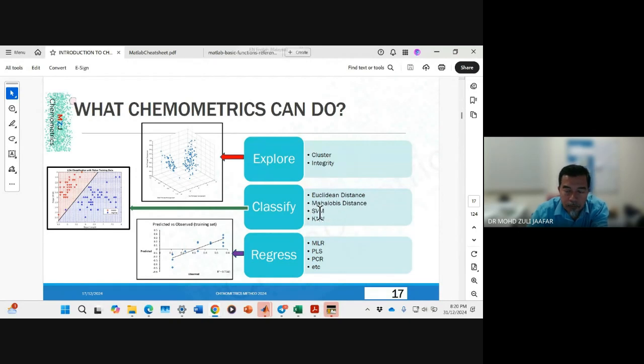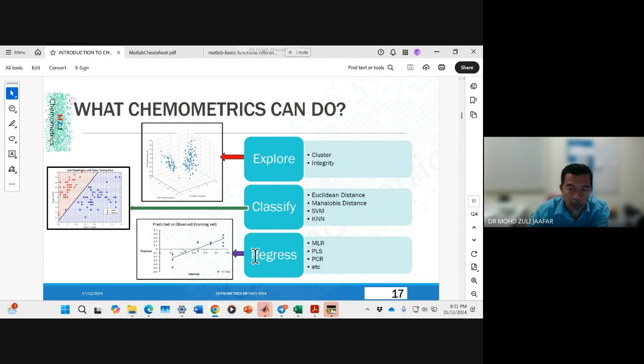Or you have the activity of one particular set of molecule. Maybe you have toxicity value, you have hypertension value, you have antioxidant value for certain chemical compound. You want to develop the model. You can do regression.